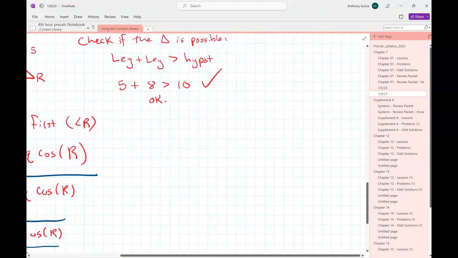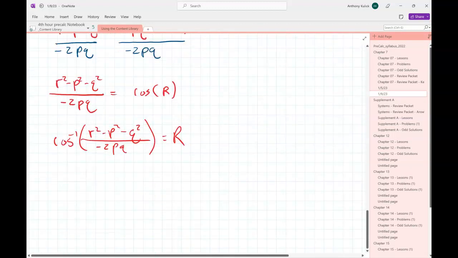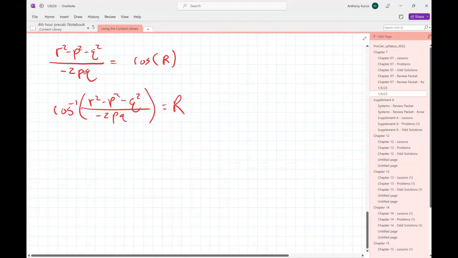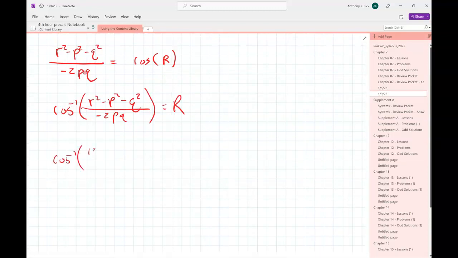So let's go back to this problem here and fill our stuff in. So R was 10, P was 5, Q was 8.